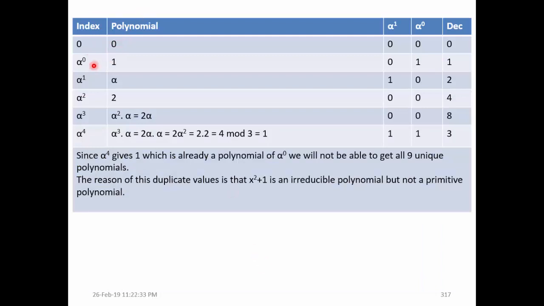So 0 gives you 0, alpha raised to the power 0 is 1, same thing. Here alpha 1 is alpha, alpha 2 is equal to 2, and alpha 3 breaks up, having factors alpha squared and alpha, which gives you 2 alpha, and alpha 4 gives you alpha cube times alpha, which is equal to 2 alpha into alpha, which is equal to 1.